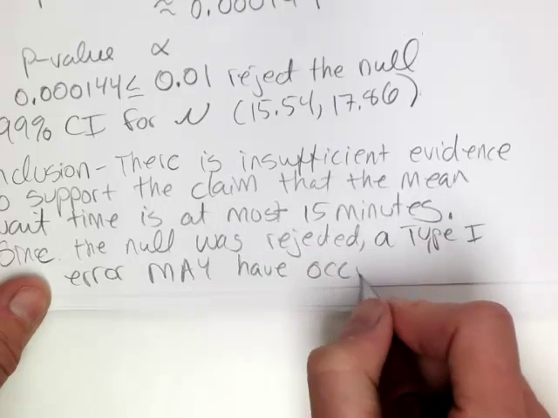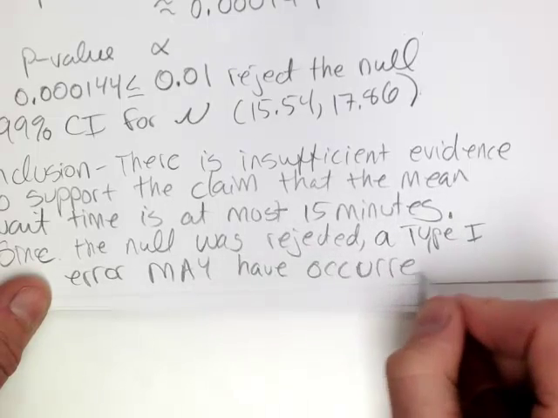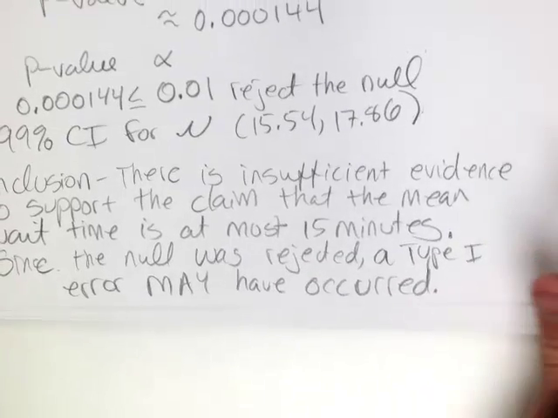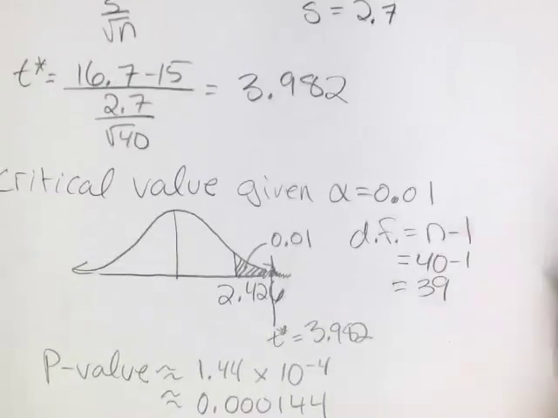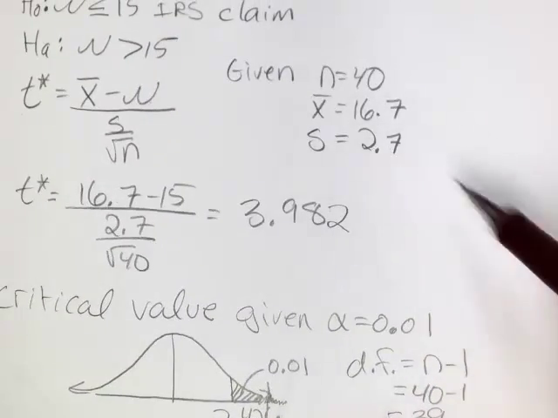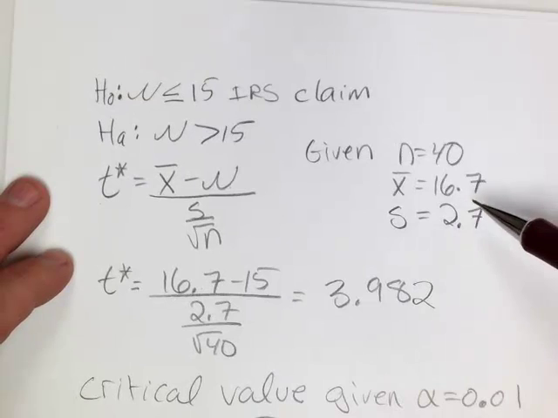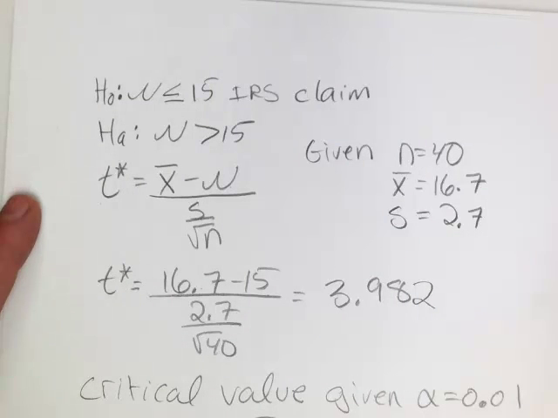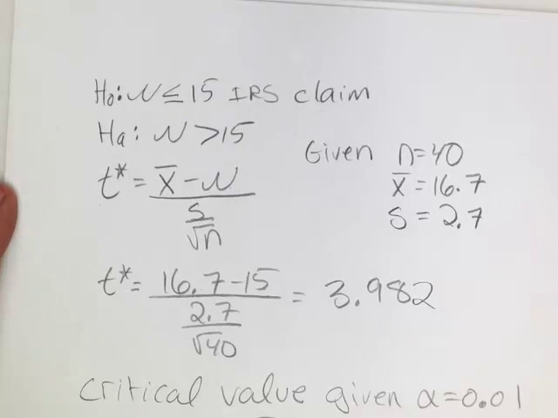It doesn't mean that it occurred absolutely. Okay? What it means is that it's possible we just happened to get a fluke of a sample and we rejected the null erroneously. Okay, one way to counter that is to repeat the experiment. Okay, replication is a good way to confirm your conclusions. Okay, so I hope that clears up using the t-table and using the t-test.